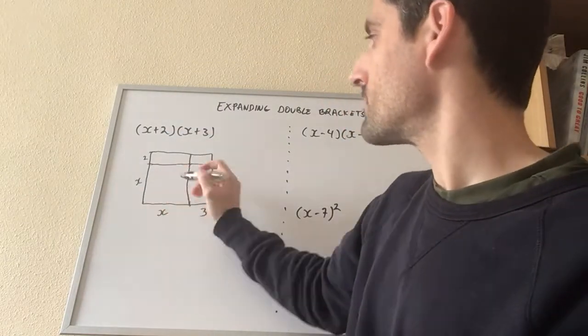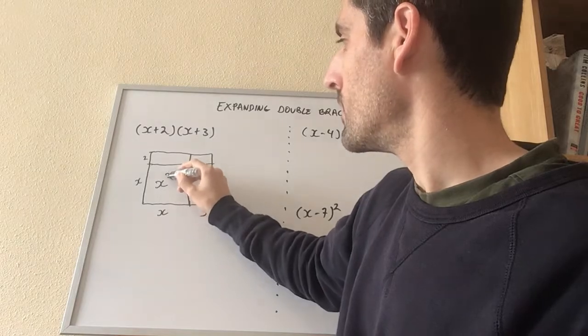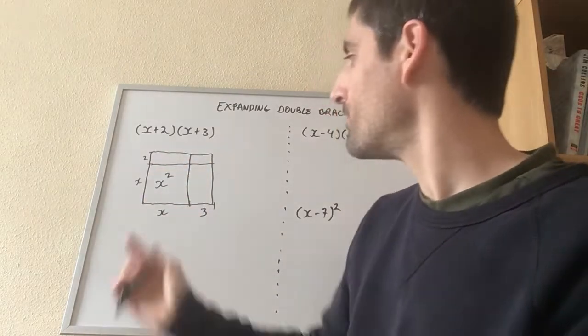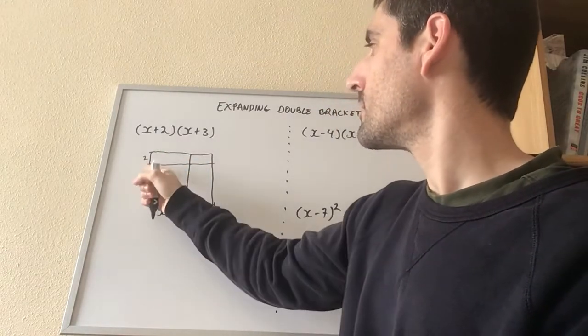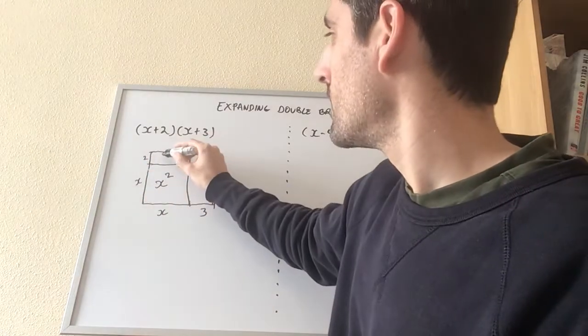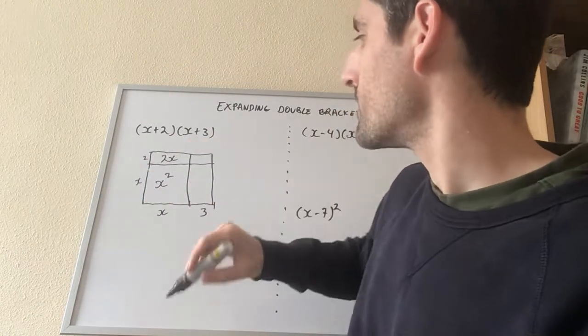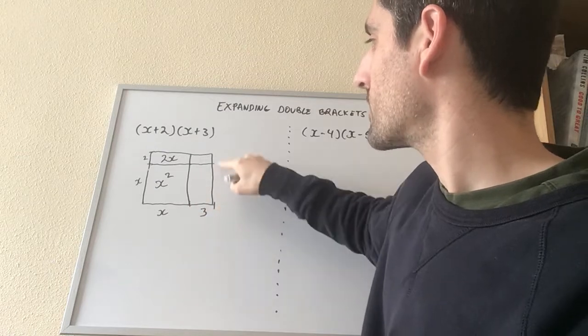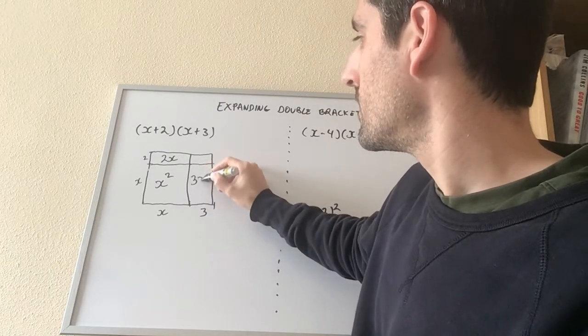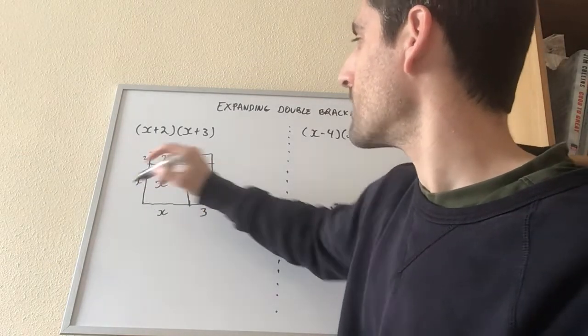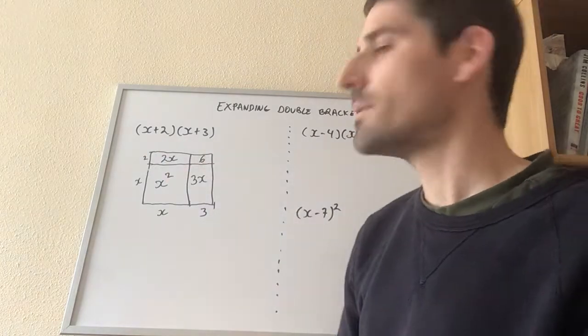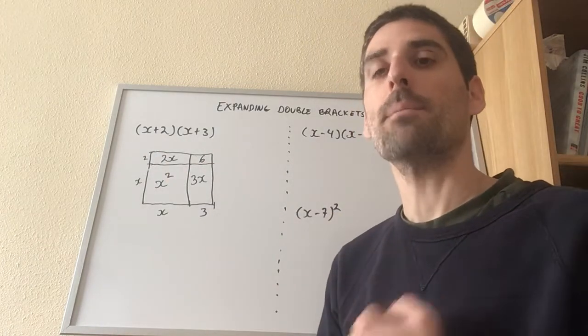X times x, we should know, is x squared. X times 2 is 2x. 3 times x is 3x, and 3 times 2 is 6. So I found 4 areas inside my rectangle.